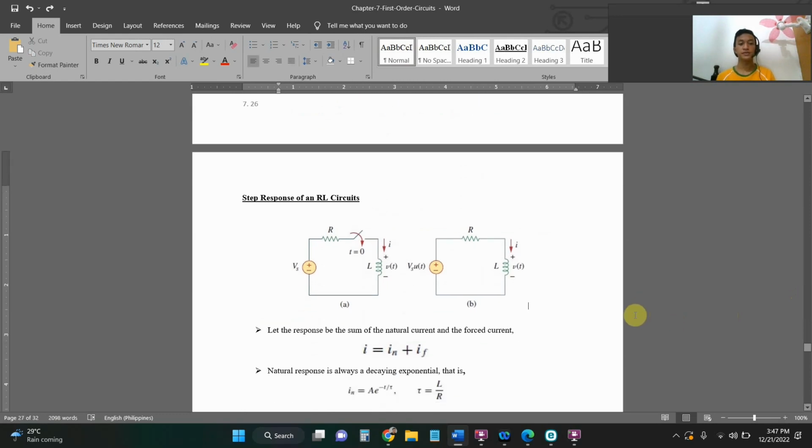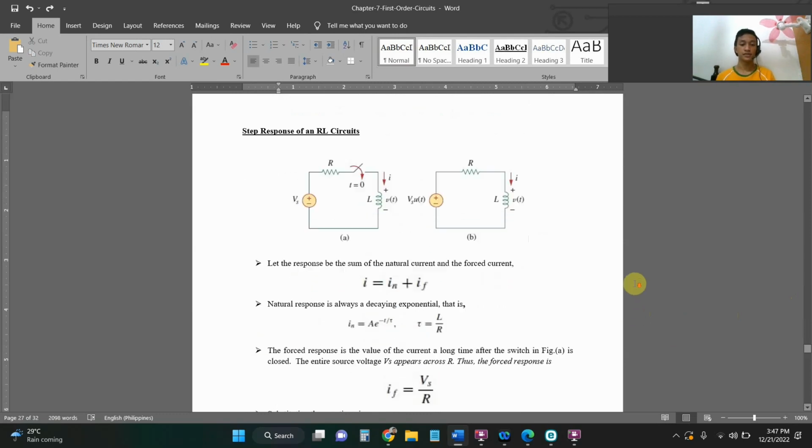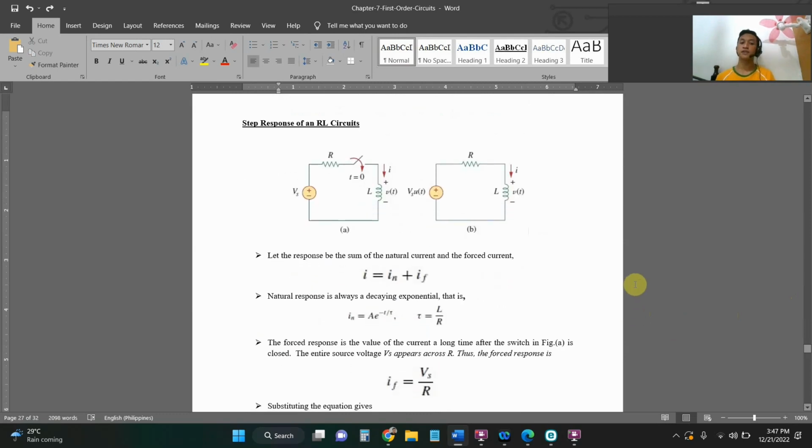So now we're on the step response of RL circuits. Let the response be the sum of the natural current and the forced current, so i equals i sub n plus i sub f.